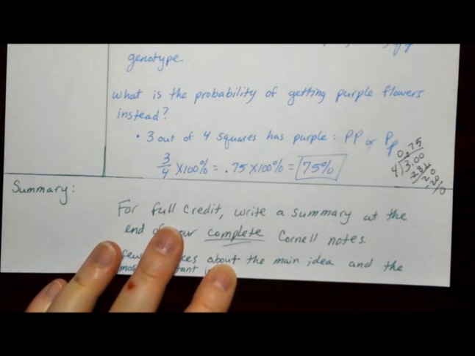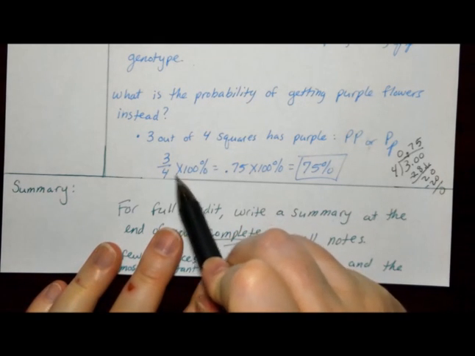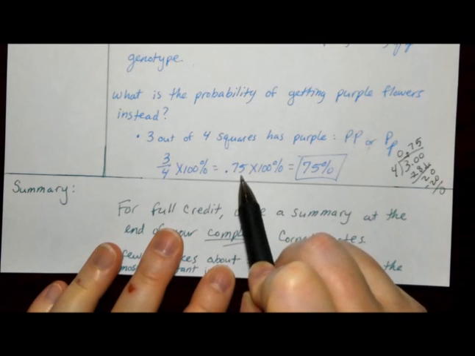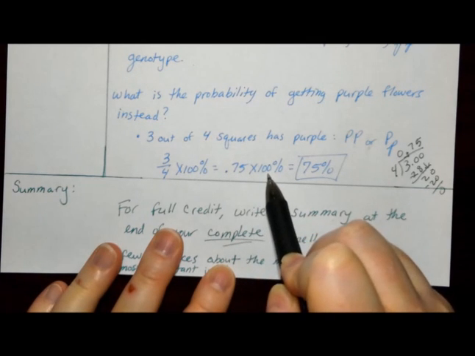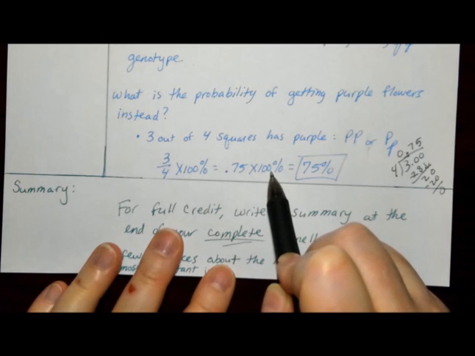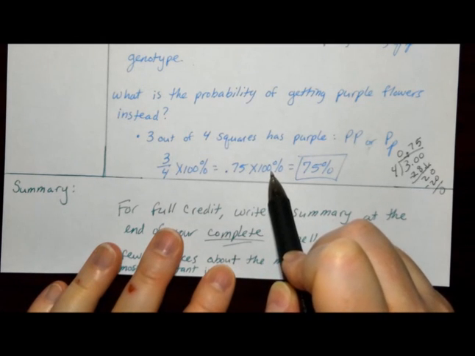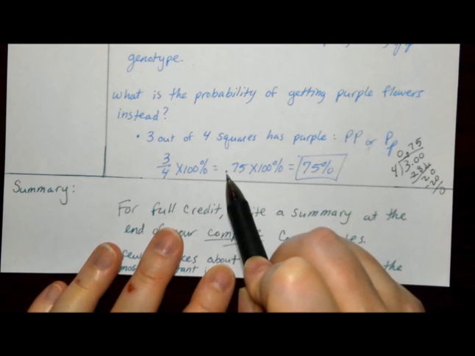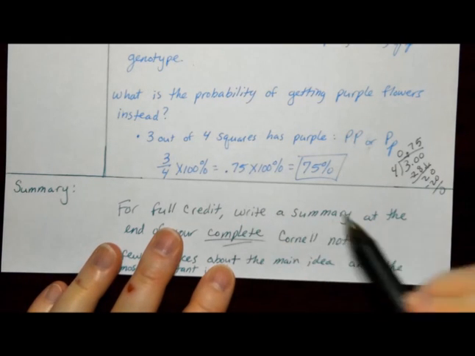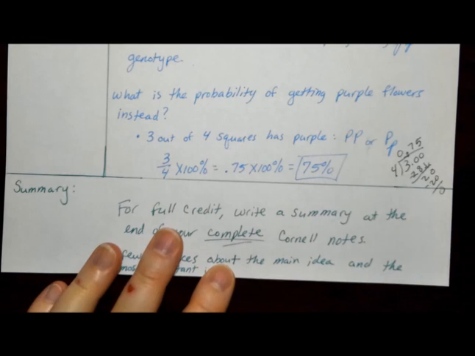So 0.75. 3/4 times 100% is the same as 0.75 times 100%. Again, I'm multiplying by a power of 10. There are 2 zeros. I can move my decimal place twice, 1, 2, I would have 75. So 75% is my answer.